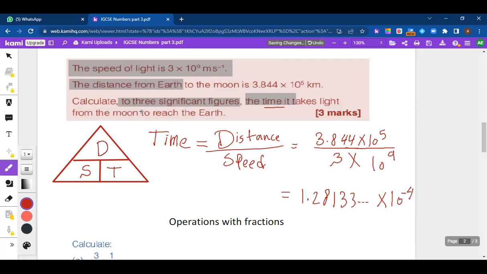Actually here, thank you so much. He says to 3 significant figures. So what you do is write only 3 significant figures: 1.28 times 10 to the power of negative 4 seconds.